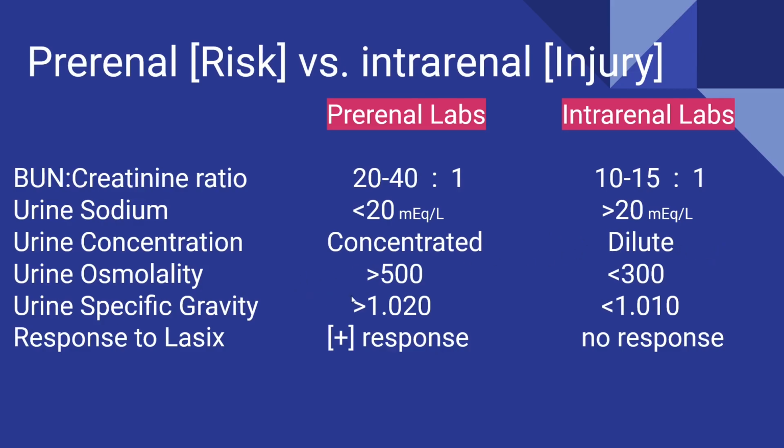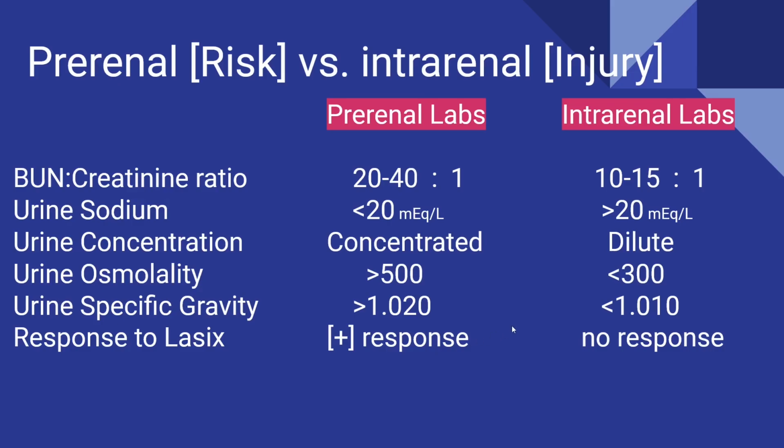Urine osmolarity in pre-renal failure should be higher for the same reason as the concentration. Same thing for specific gravity. And then the opposite is true for intrarenal failure, right? If we're dumping all of this water because we're not reabsorbing it, then the urine osmolarity should be low. Same for specific gravity. It's diluted.